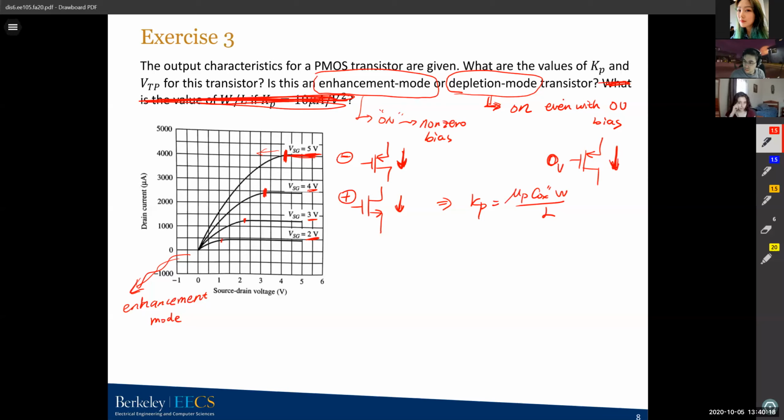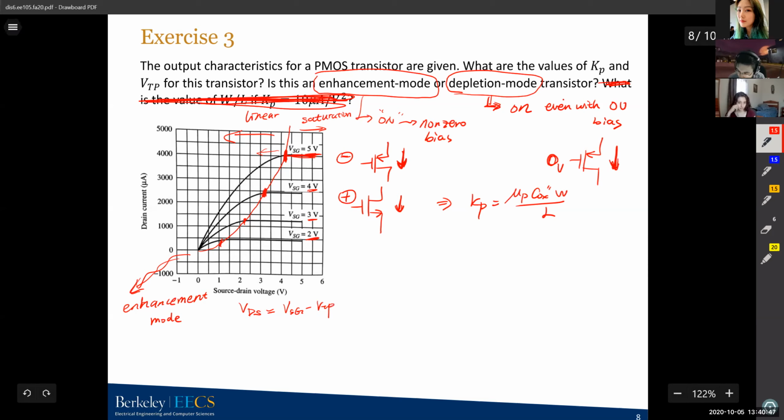If you do the plot, this side is the linear regime, and this side is saturation. At each of these points, saturation occurs when VDS equals VSG minus VTP.